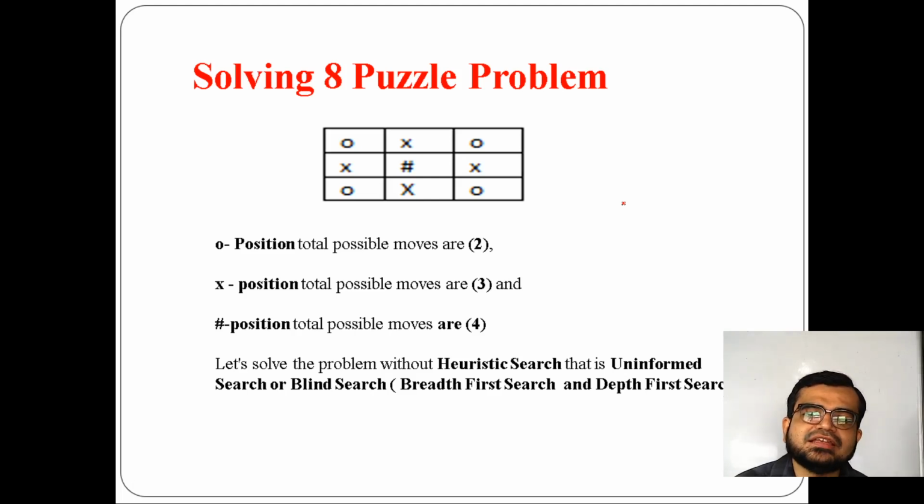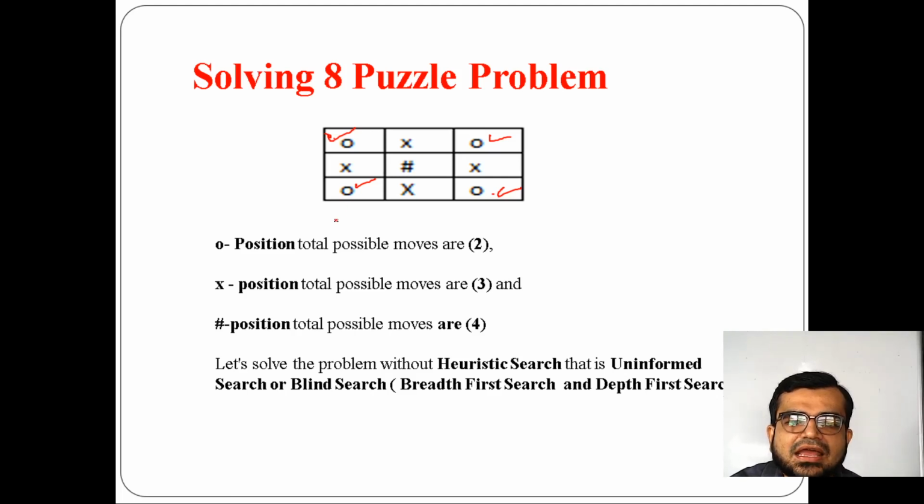Consider, as it is an 8 puzzle, there is a 3 by 3 matrix. I want to show you that if a tile is in this location, 0, 0, these are the adjacent positions: this one, this one, this one and this one. There is some constraint here.